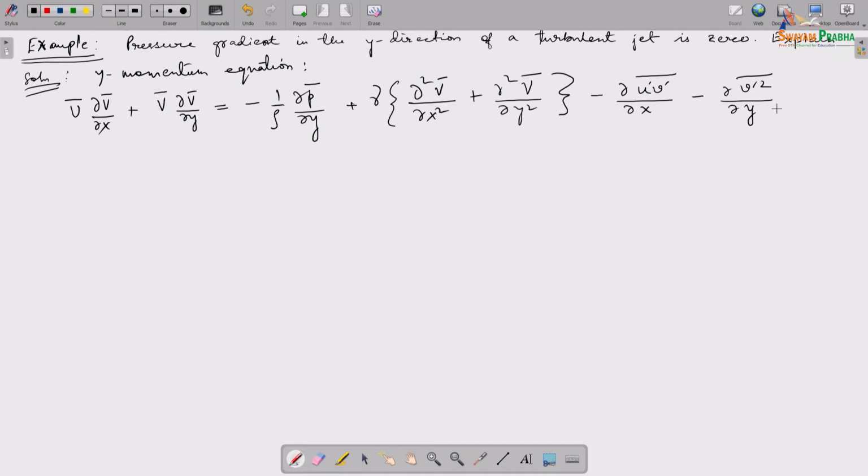So that's the y momentum equation, and as you can see we are taking derivatives of the y component of velocity. So when I say y momentum equation, I'm essentially looking at a Cartesian coordinate system, isn't it? And the flow is, so this is the velocity.